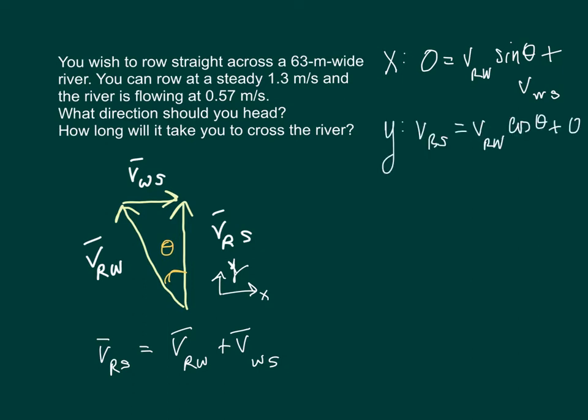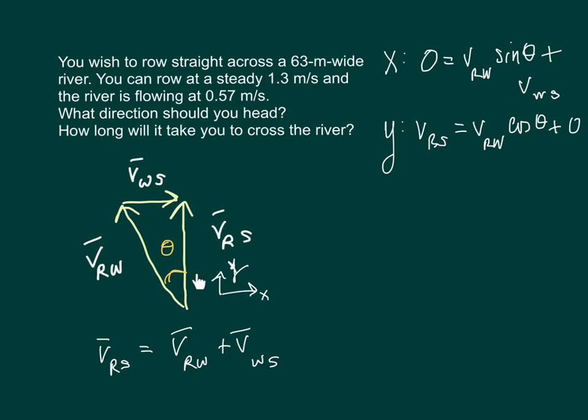The y component of this vector equation, the y component of VRS, is the full magnitude, VRS. The y component of the velocity of the rower with respect to the water is going to be the component of this vector along the y direction.